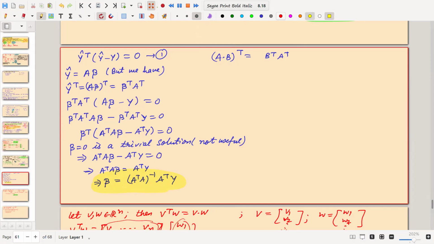Any issues? You cancel. Then what do you get? Then you are getting Y equals A beta. But is it useful?